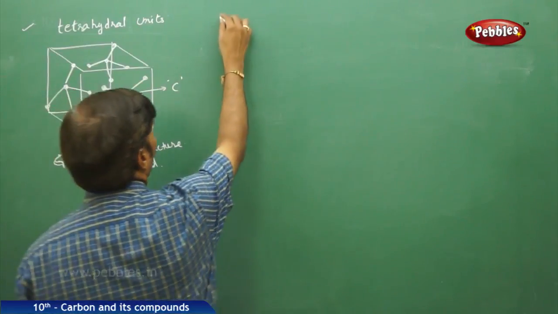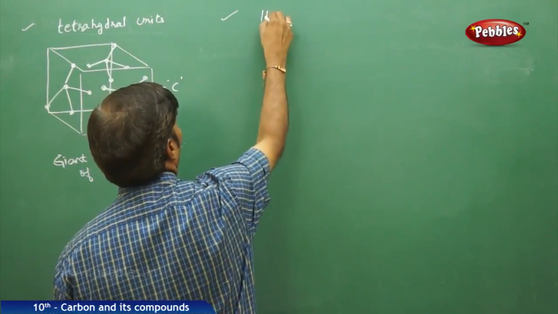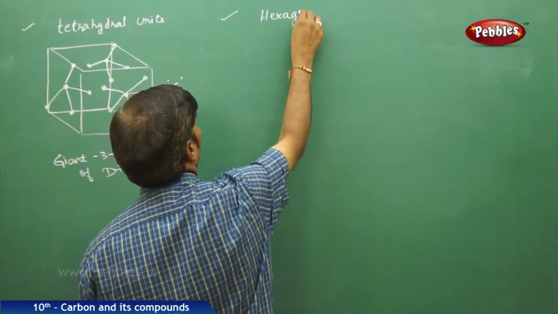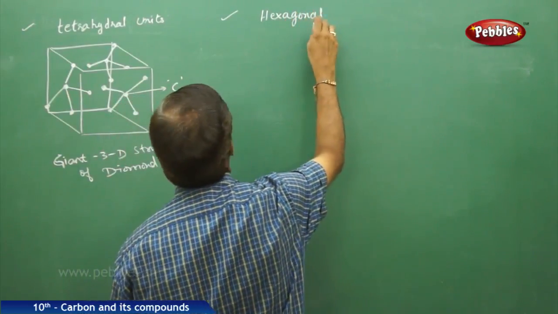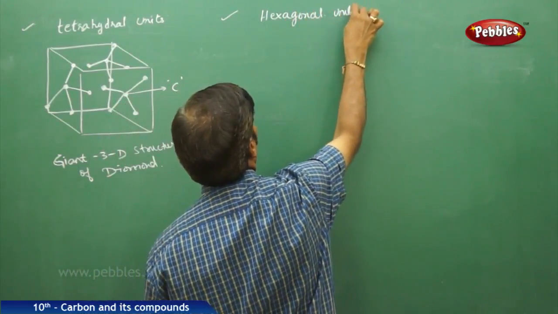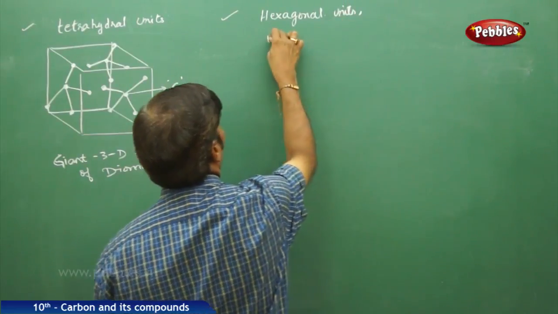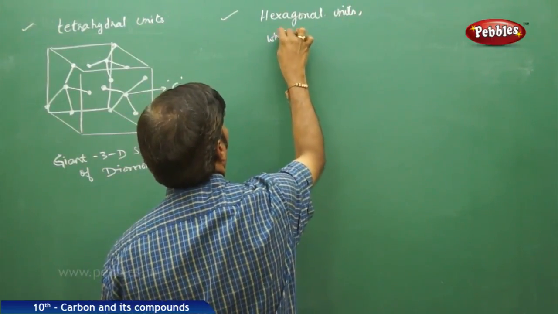If you go for graphite, it has hexagonal units with layered structure.